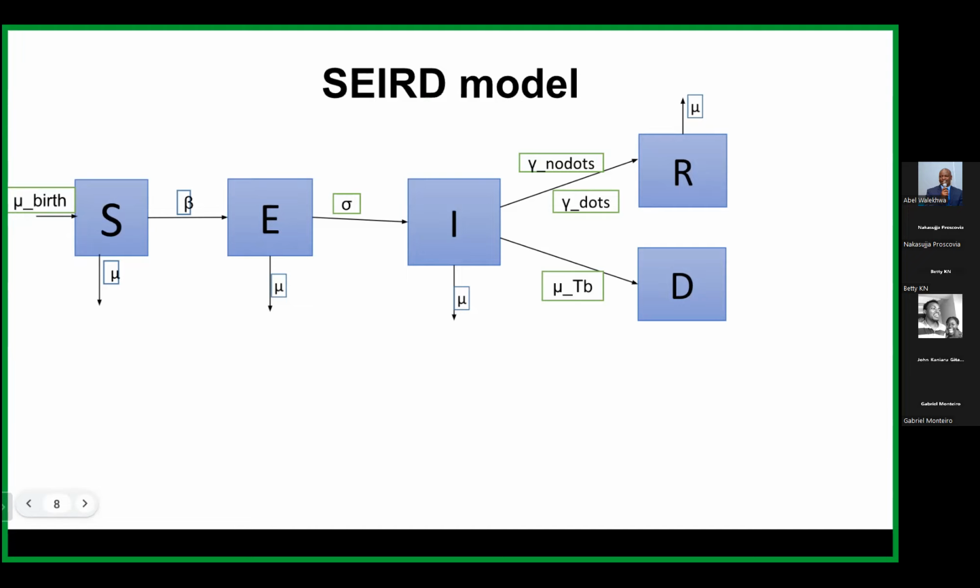It's the population at the start that was already infected with TB. But which one, the E or the I? I think it's the E. I does not infect people.